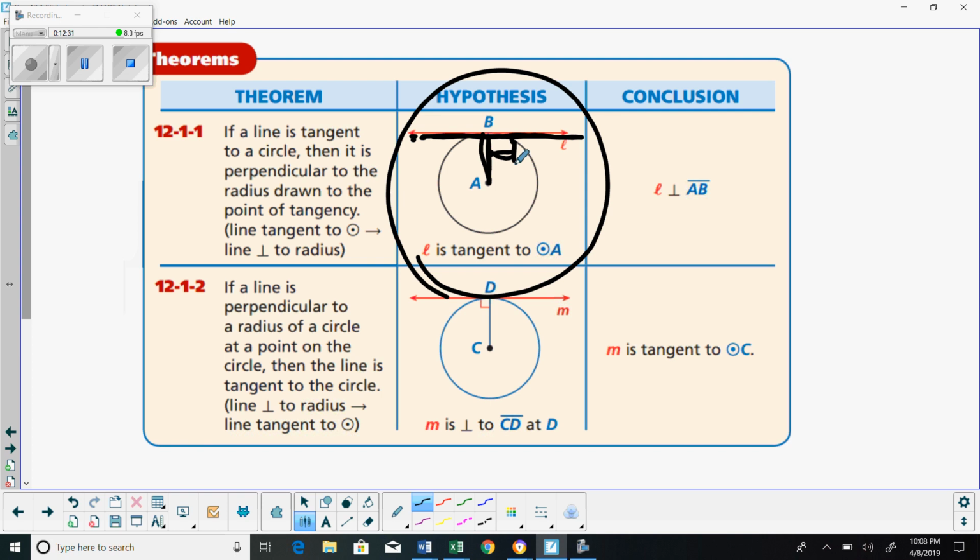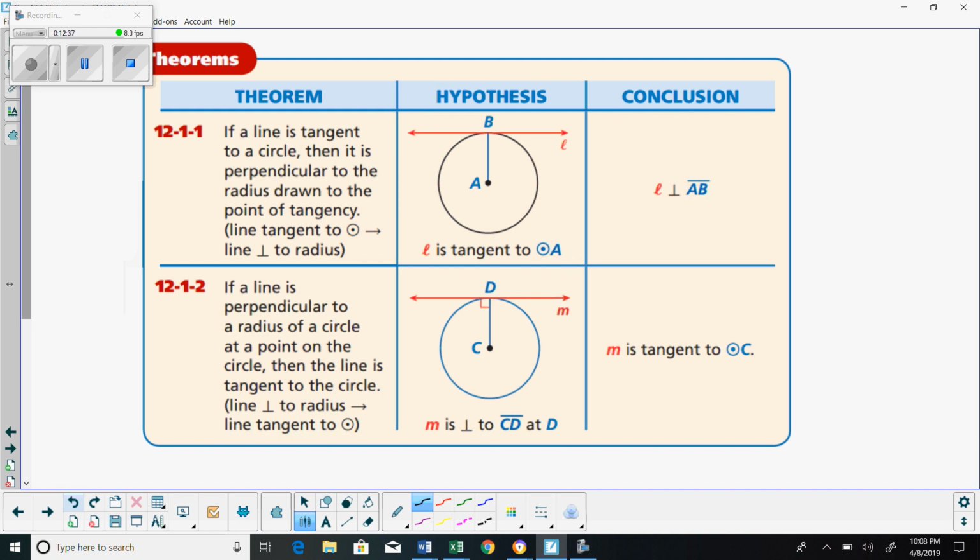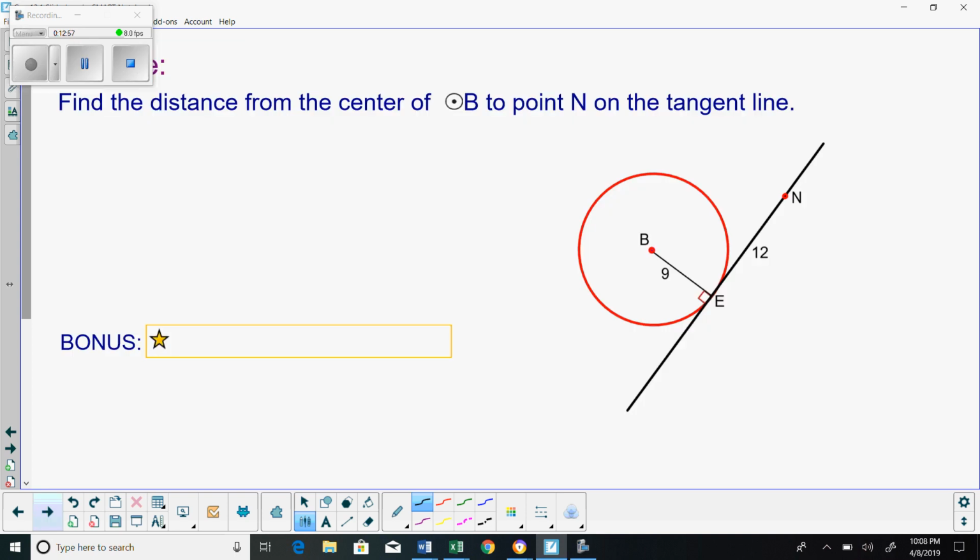And if you know that you have a radius out to a line that's touching the circle, then you know that the radius is perpendicular to that line, and that line M is going to be tangent to the circle. All right. So armed with that good information, let's take a look at some of these examples.